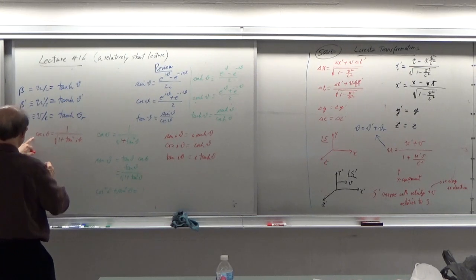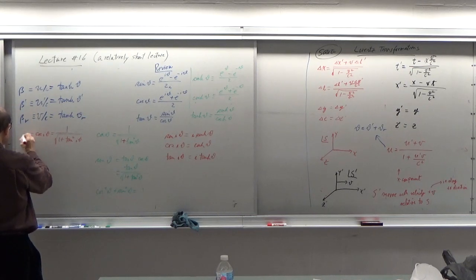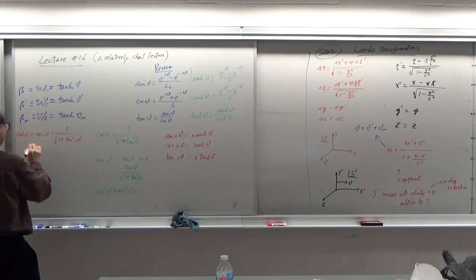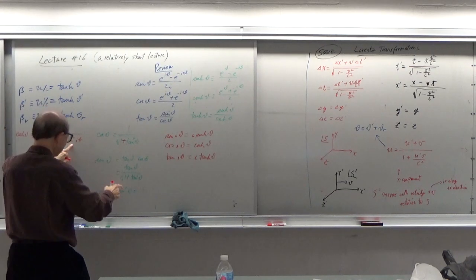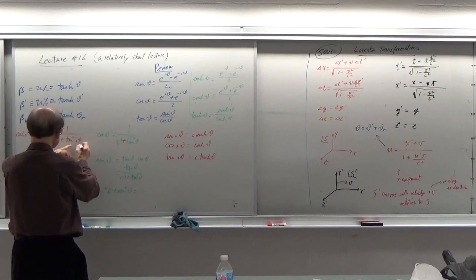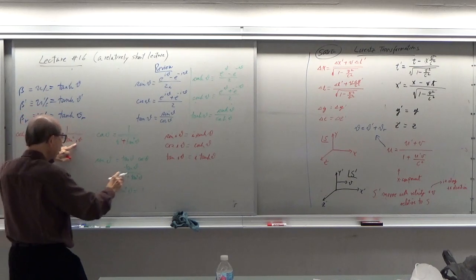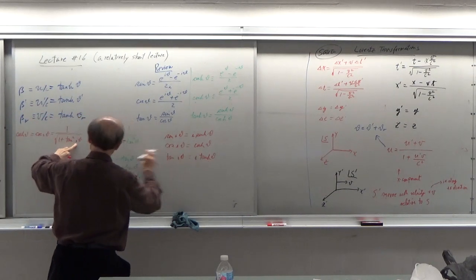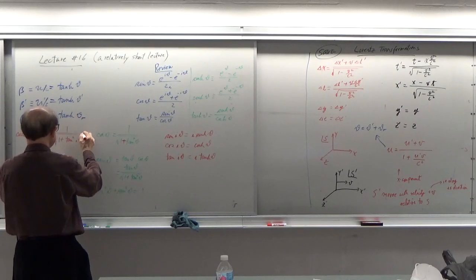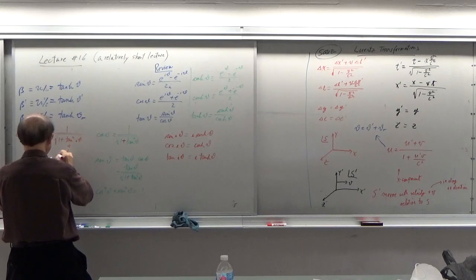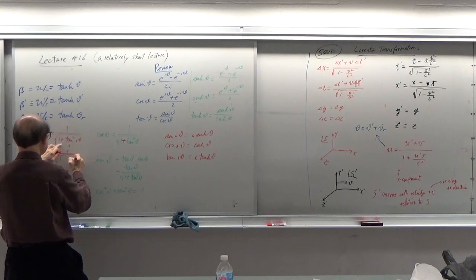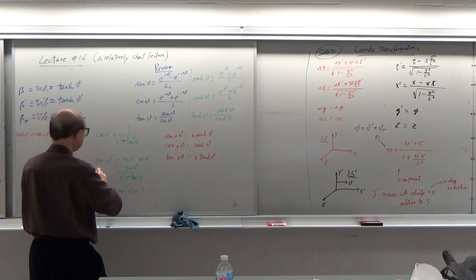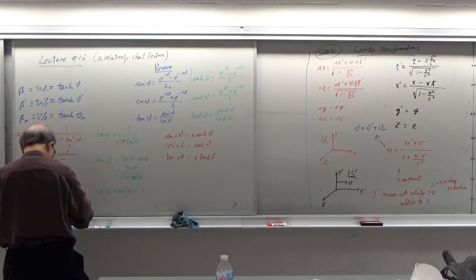What's this? This is the hyperbolic cosine of theta. And this one, tangent of i theta, is i times the hyperbolic tangent. And this squared becomes 1 over the square root of 1. Notice, a minus sign instead of a plus sign here.